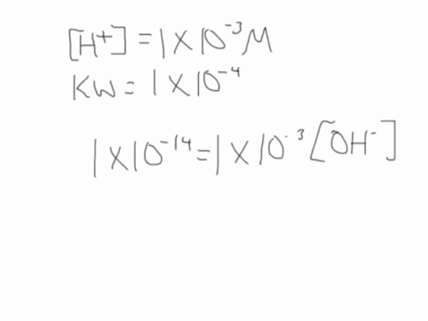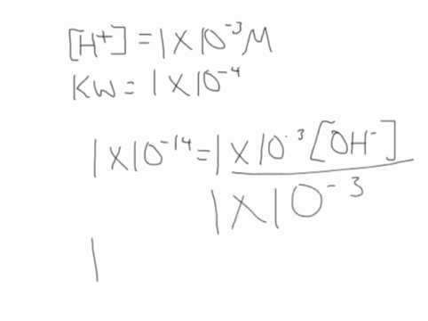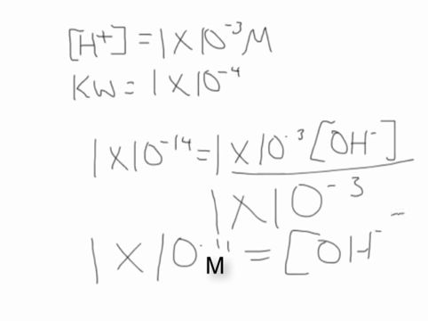Then you'll divide by 1 times 10 to the negative 3, and you get 1 times 10 to the negative 11 equals OH negative, which in reality means the pOH equals 11 and pH equals 3.